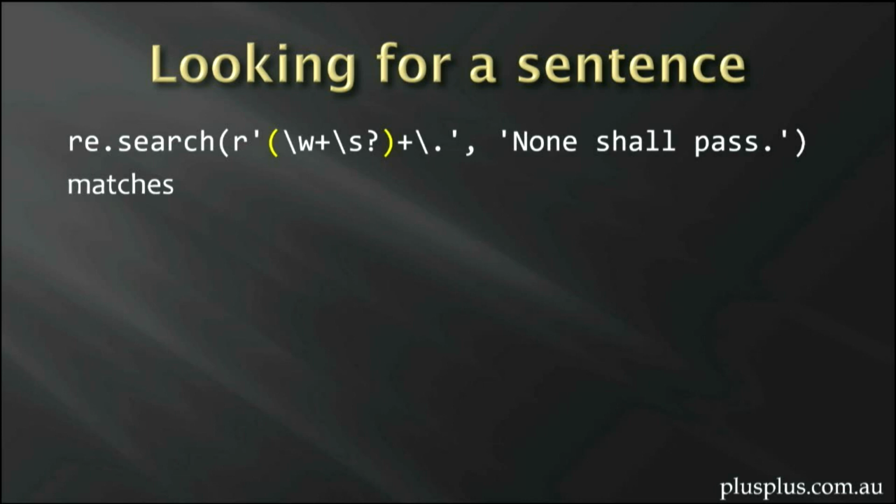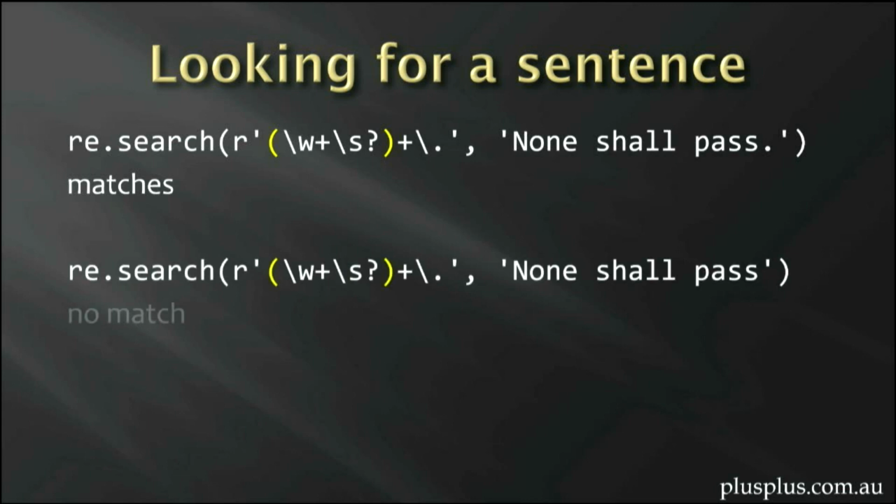The sharp amongst you will go, no, Pete, you've just committed a fatal error. And if you can't see that, I'll be getting to that. It'll work, it's just got a performance implication. And if I looked for something that doesn't have a full stop on the end, I didn't get the sentence, no match.